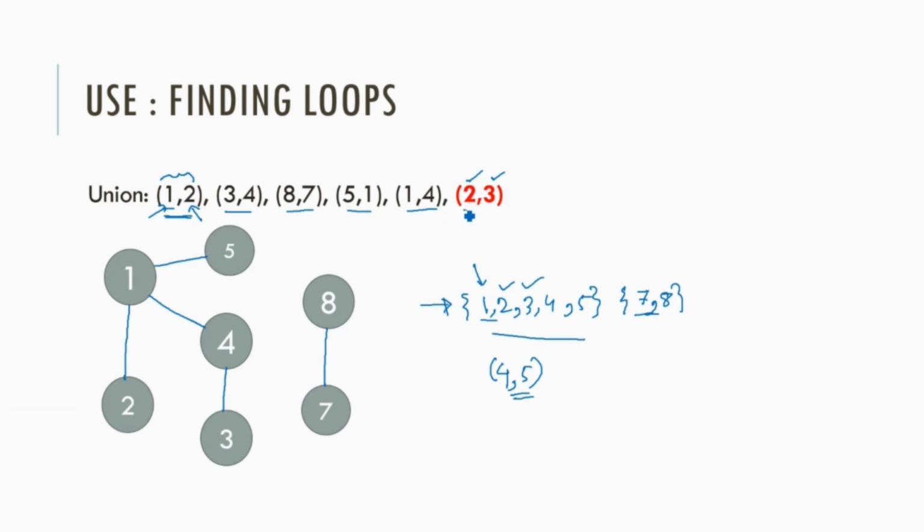So the representative of the first node 2 is 1 and the representative of the second node 3 is also 1. And we know that if we perform a union operation between elements of the same set, then it will create a loop.